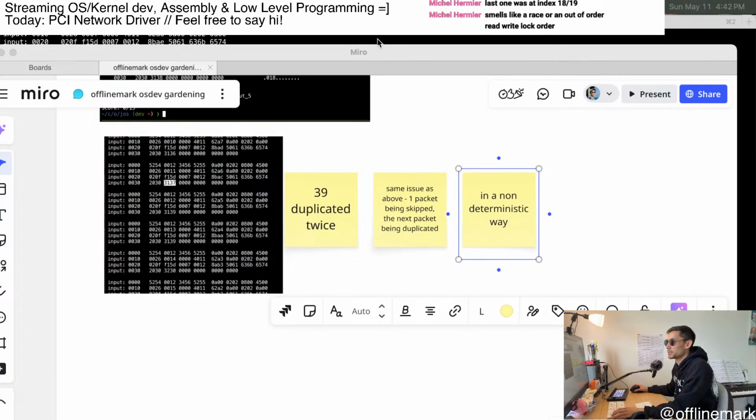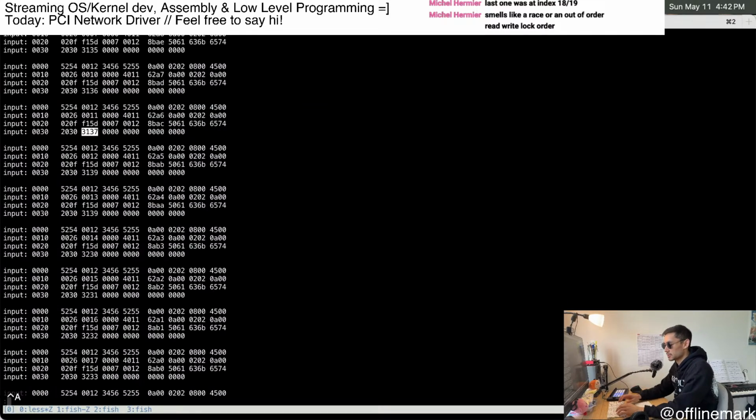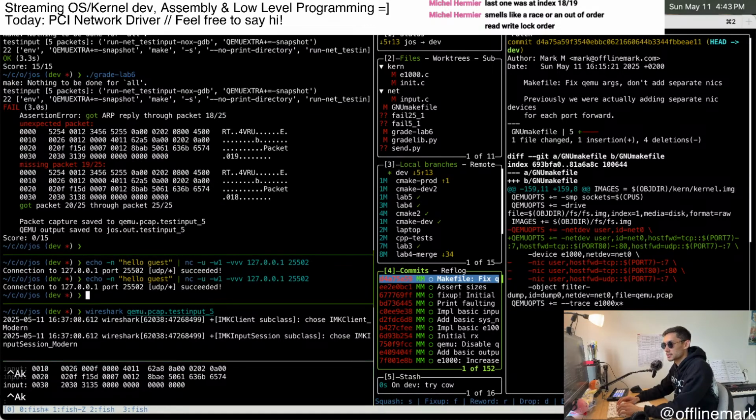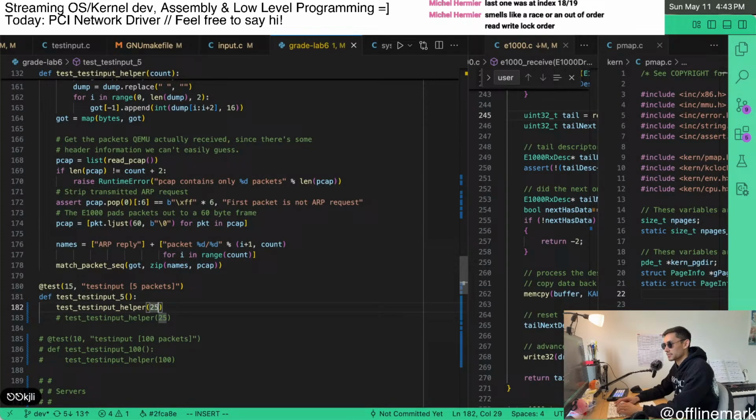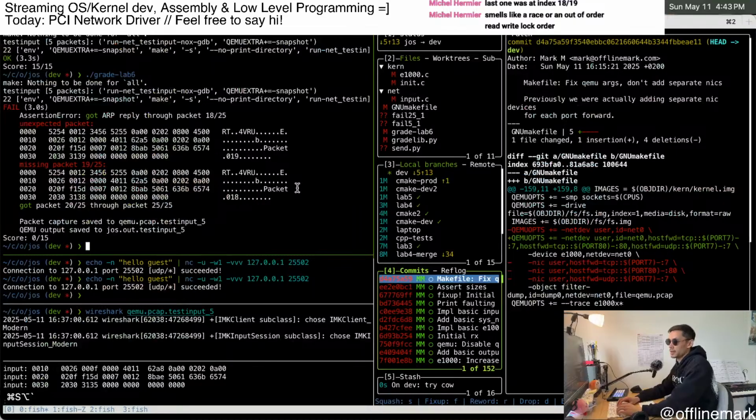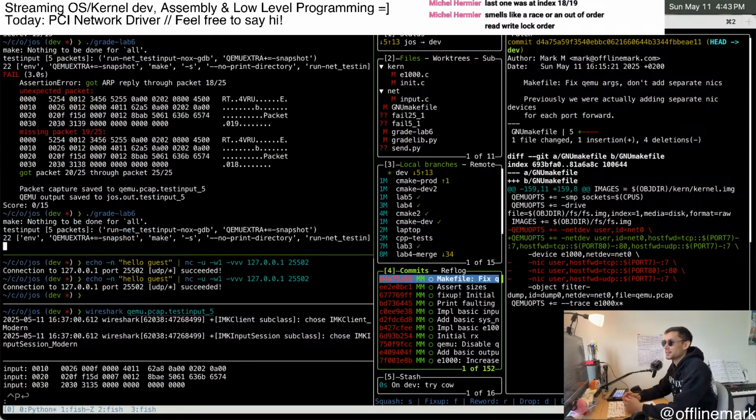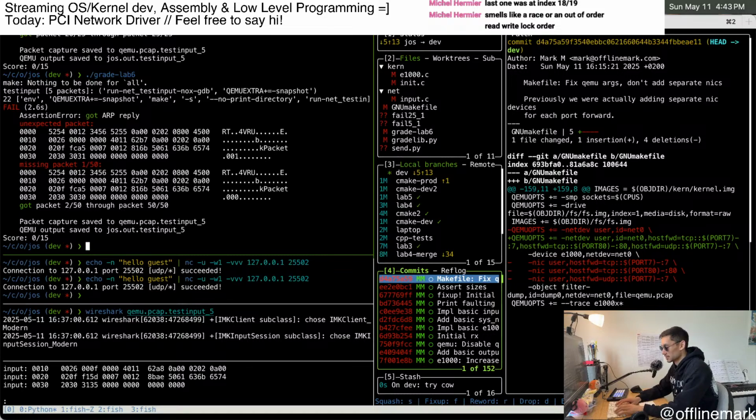So the first step would be that we want to be able to reproduce this deterministically. I still think that if we ramp up the number high enough, for example to 50, we can reproduce it every time. So that's a very basic start to this. So that failed. Good.